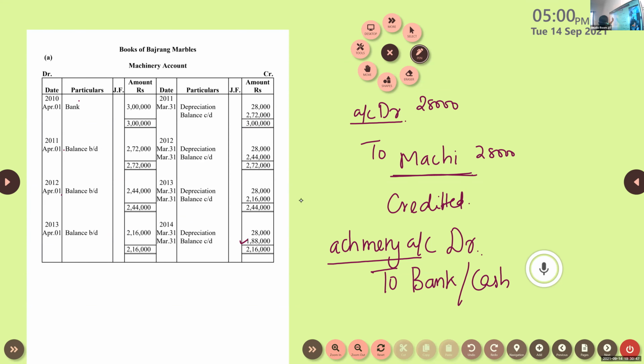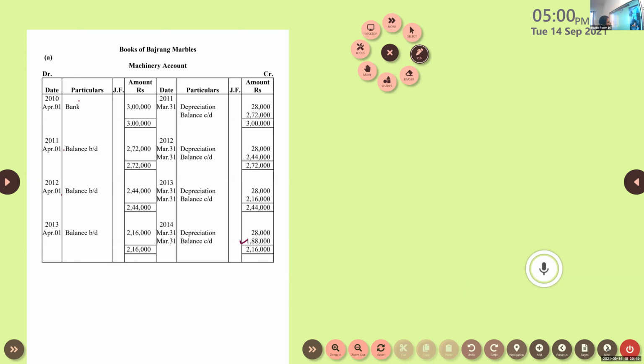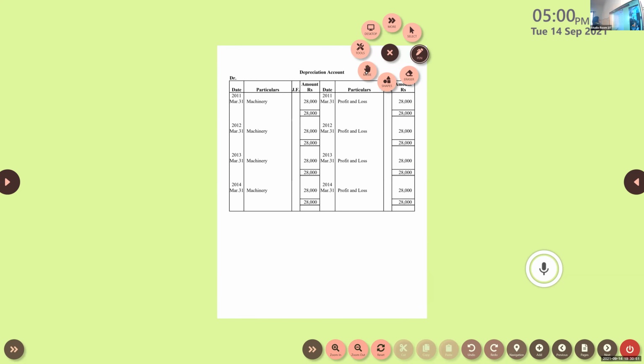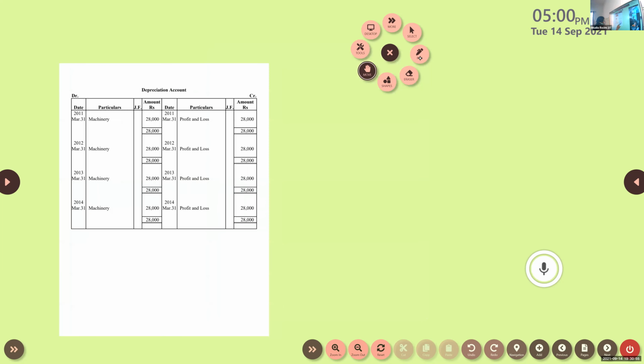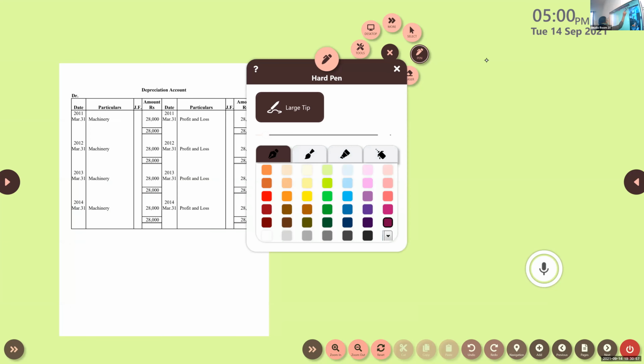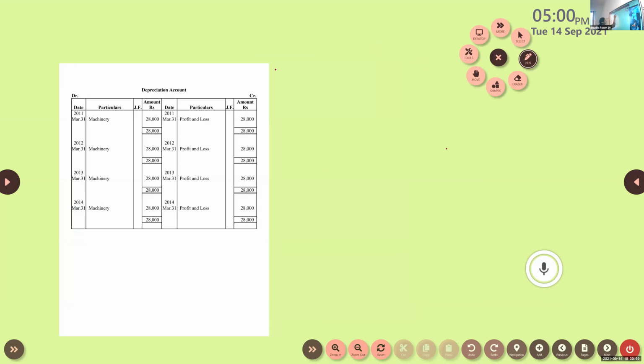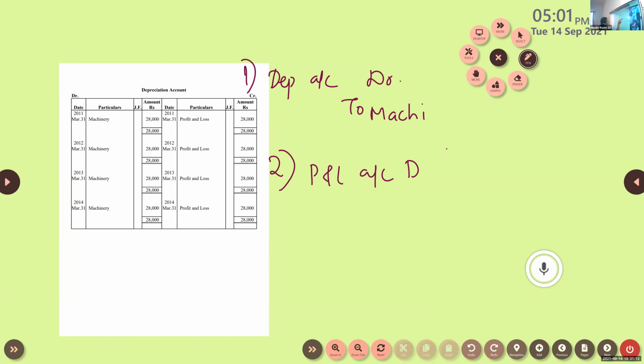Now, this is about the machinery account. Next is, we need to prepare depreciation account. Based on the journal entry, you will do that. First entry was depreciation account debtor to machinery. Next, the second entry was P&L account debtor to depreciation.